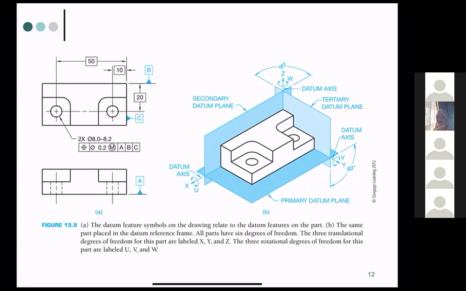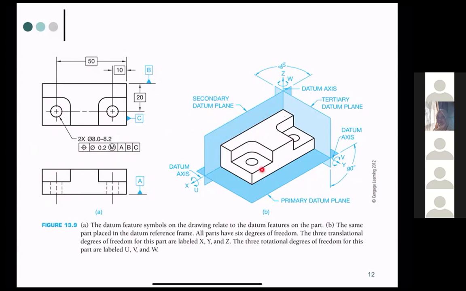Okay, so from here, for example, this is like a vertical section view. This one is actually the vertical section view over here, or maybe over here.